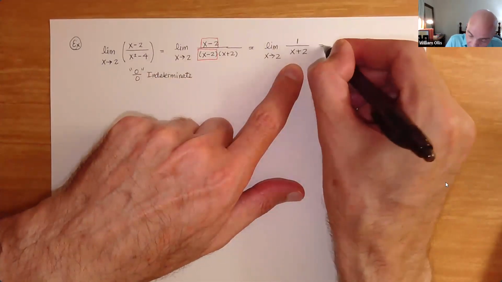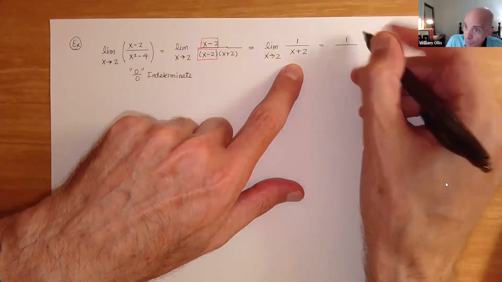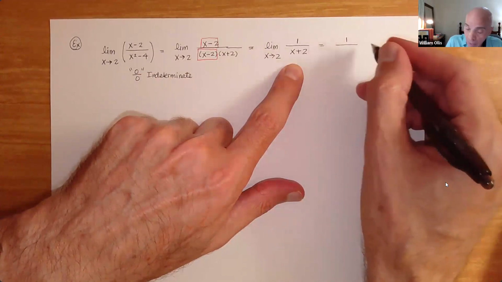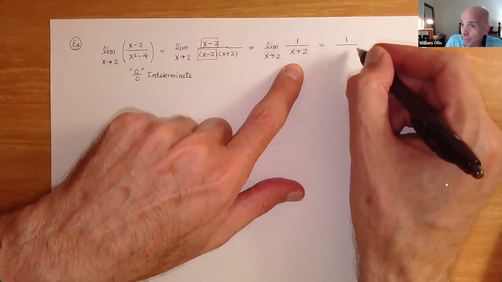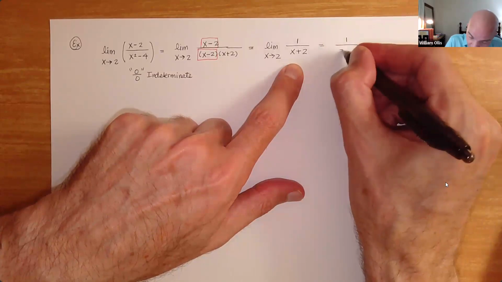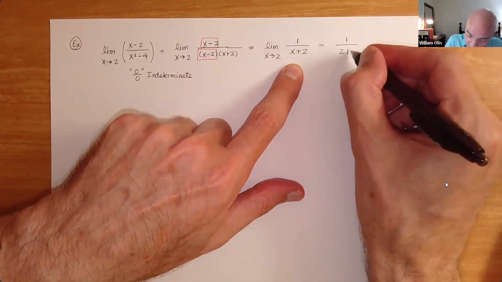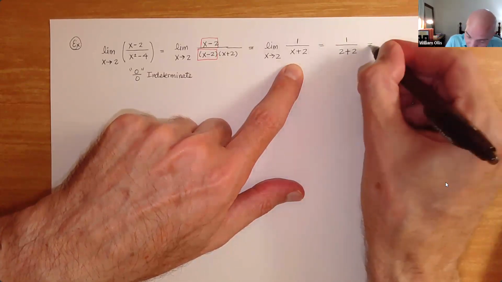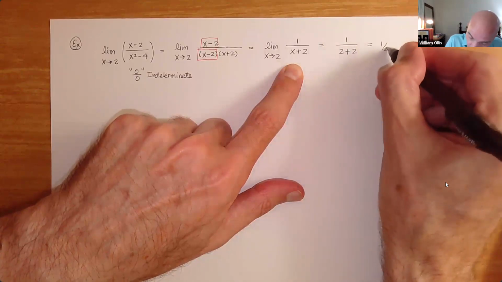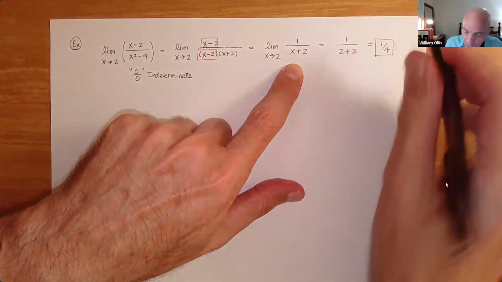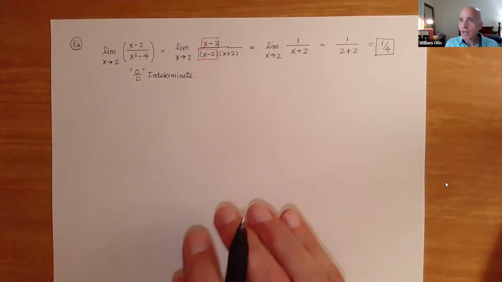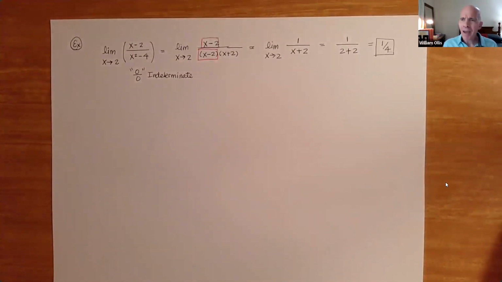So by direct substitution, replacing x with 2, we get 1 over 4. That hasn't changed.